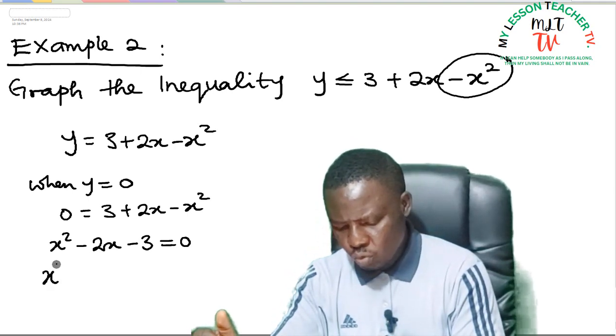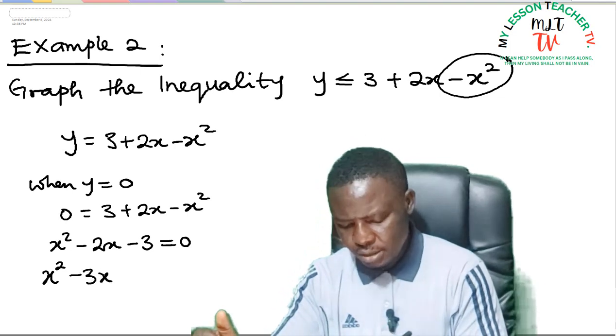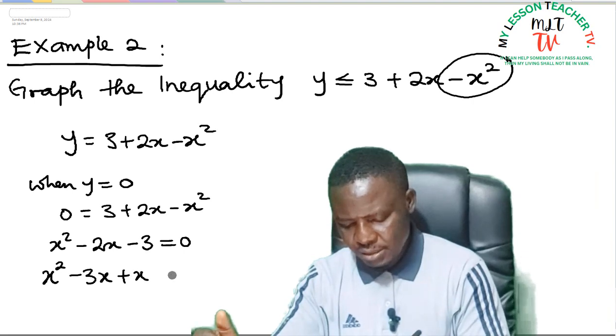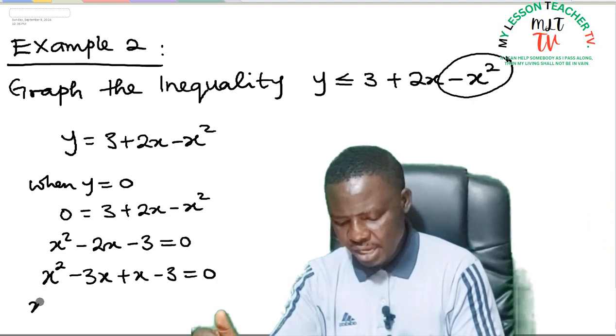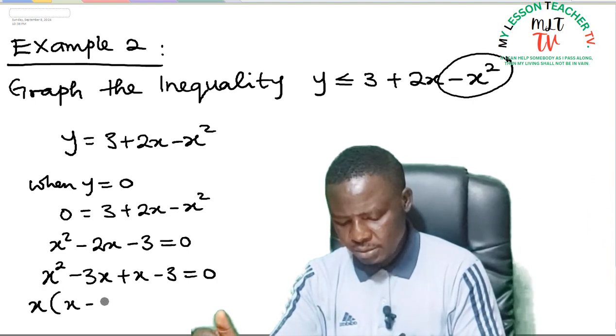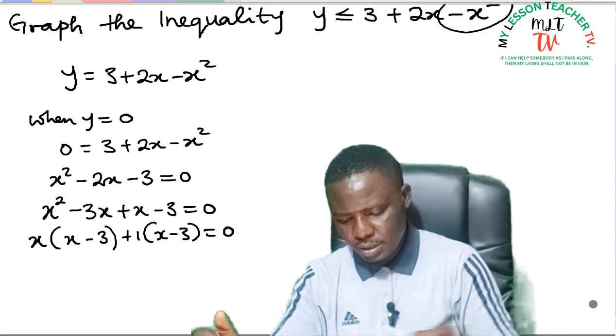This is going to be x squared minus 3x plus x minus 3 is equal to 0. Yes. So factorizing this, we have x into bracket x minus 3 plus 1 into bracket x minus 3 is equal to 0.